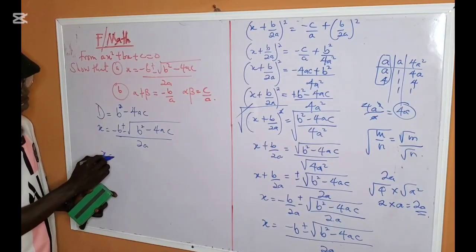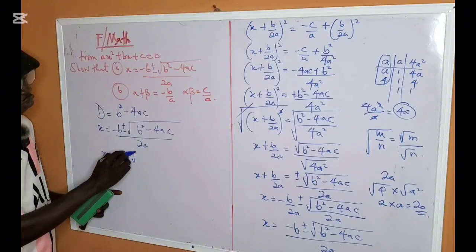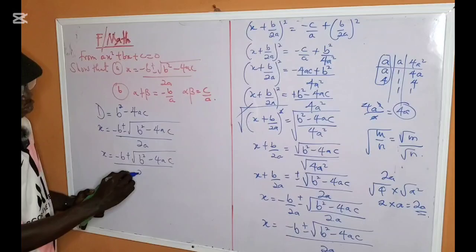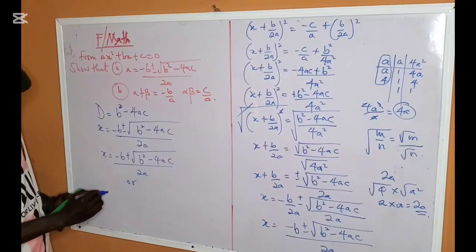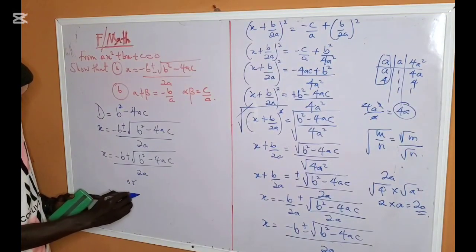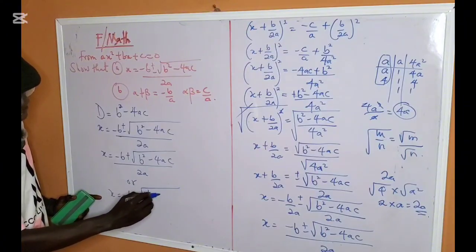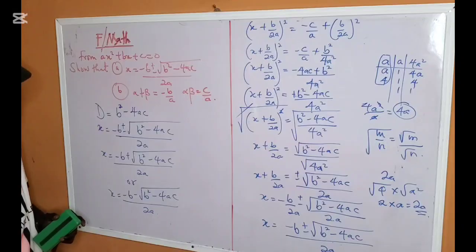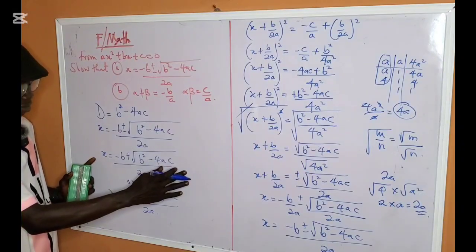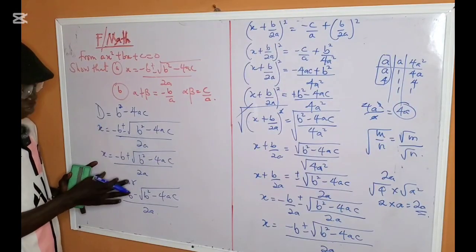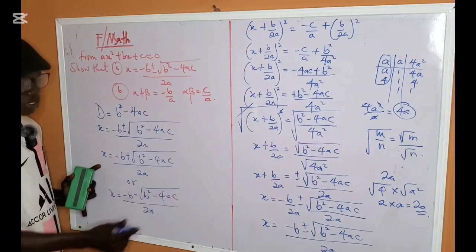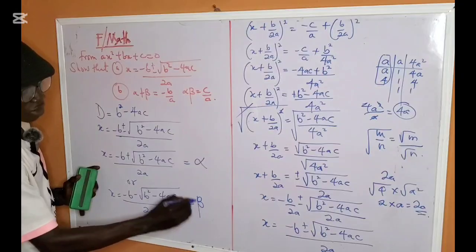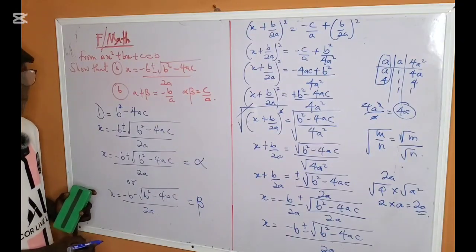It can be x equals minus b plus root b squared minus 4ac over 2a, or we can write as x equals minus b minus root b squared minus 4ac over 2a. So this is it. Since we have plus or minus, one will work for plus, the other will work for minus. So we can say this is equal to our alpha and this is equal to our beta.